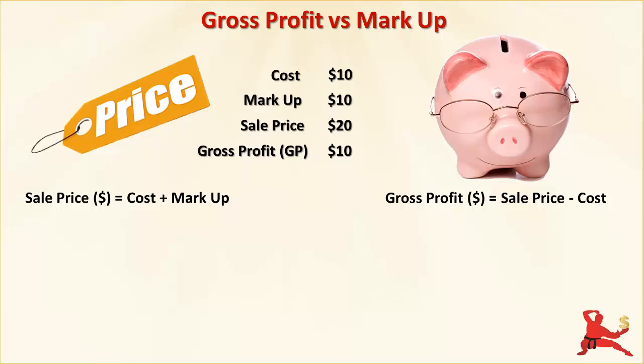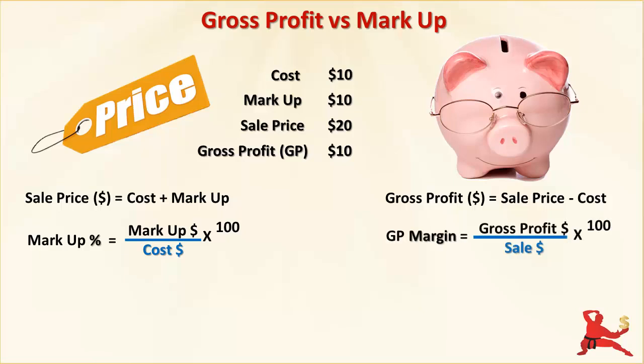But in terms of margins, markup and gross profit are very different. The markup margin is the percentage of the cost that you add onto the product to get to the selling price. It's based on the cost of the product. Gross profit margin is the profit you make relative to the sale price. It's based on the selling price of the product. Markup of 100% means you double your cost price to get your selling price.